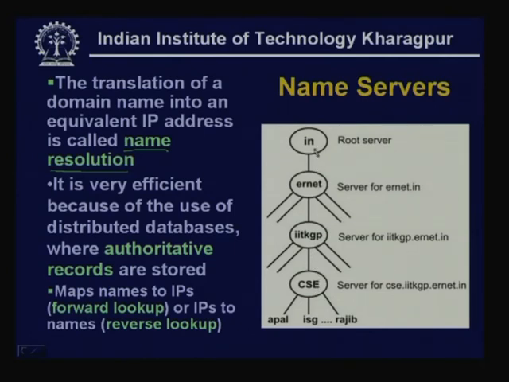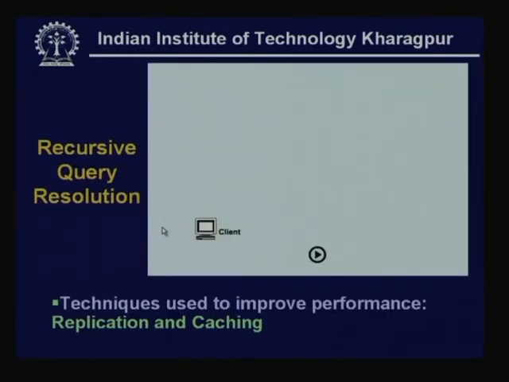As you can see, some of the databases are stored in the root server, some of the databases are stored in the ERNet server, some of the databases are stored in IIT KGP servers, some of the databases are stored in the CSE server, and so on. And the mapping is performed in this way by using recursive query resolution.